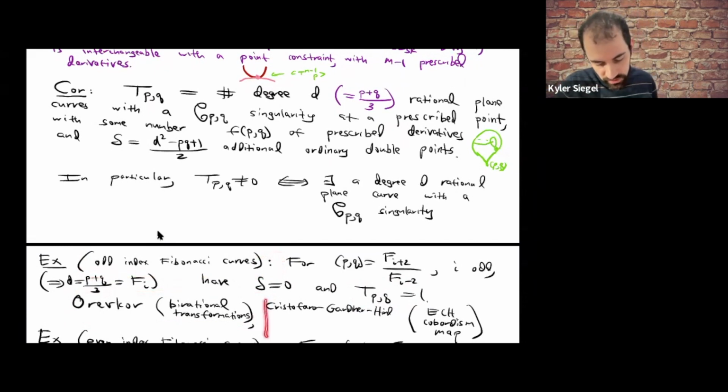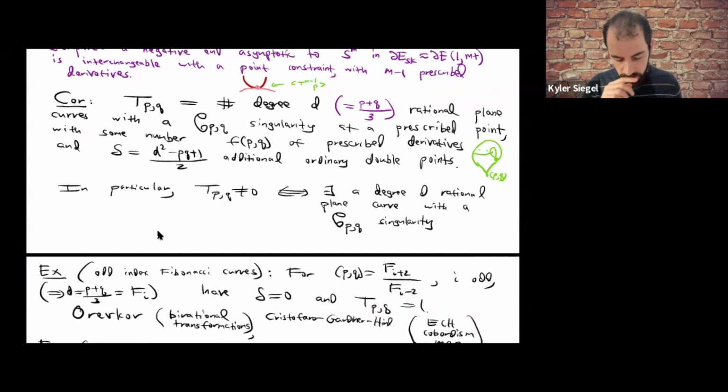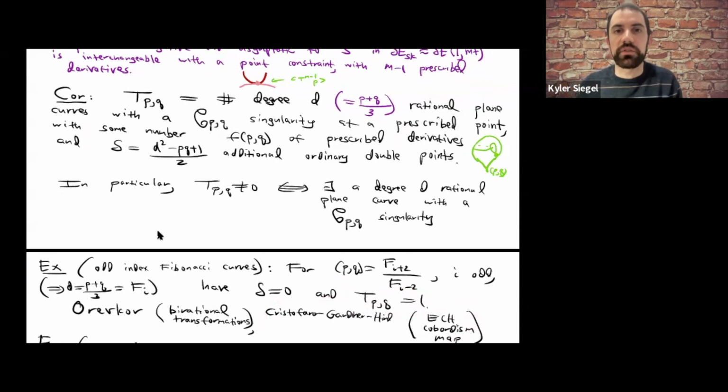They were also constructed independently by Christopher Gardner and Hein, basically using the ECH cobordism map. Either way, once you know that the count is non-zero, it shows that the Fibonacci staircase of McDuff and Schlenk stabilizes, or at least the first part of the Fibonacci staircase stabilizes, as a corollary of just the existence of these curves.